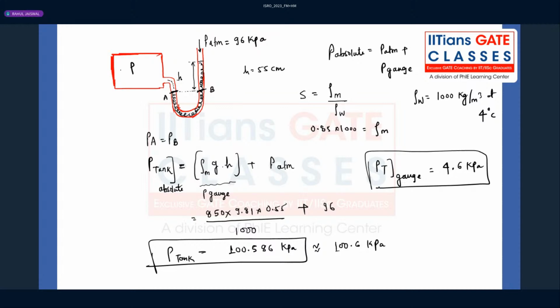We need to add atmospheric pressure plus gauge pressure. Because if this is the zero level and this is the atmospheric pressure, whatever pressure is above this is what we call gauge pressure. Then from here to here, the total pressure, we call absolute pressure.